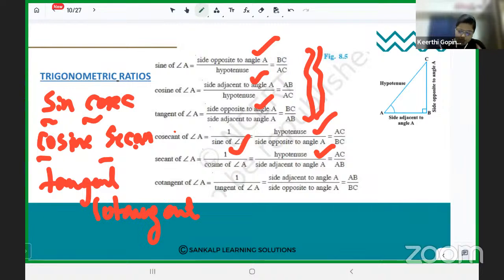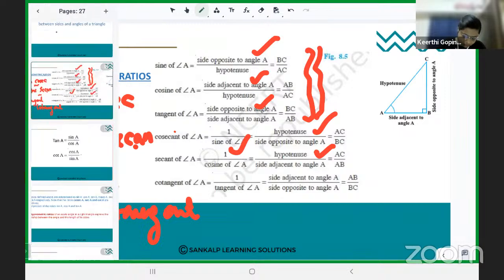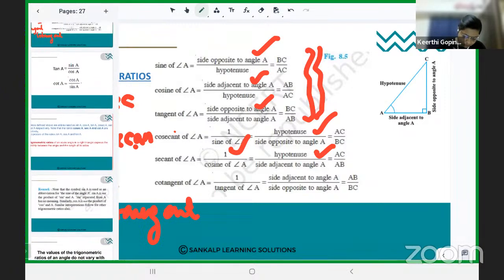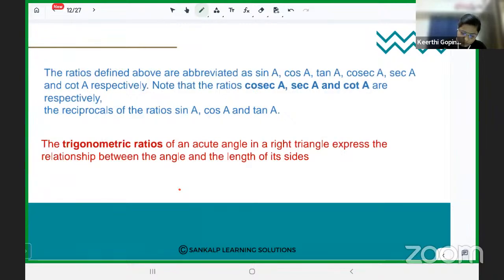So in maths, we need to simplify words, right? So for sine, cosecant, cosine, secant, tangent, etc., we have abbreviations. That is, we use sin A, cos A, tan A, cosec A, sec A, and cot A. We are shortening it.